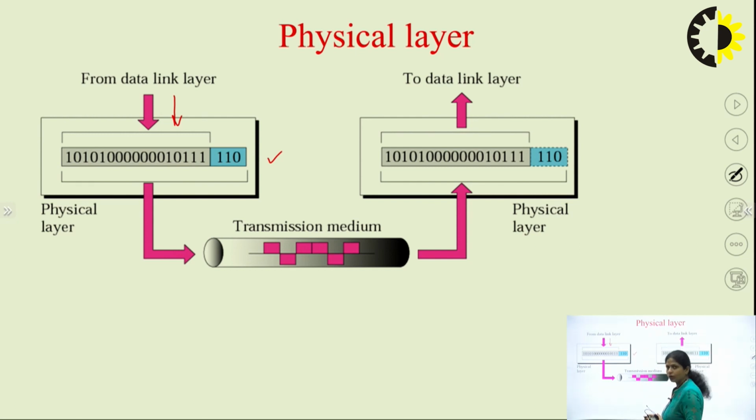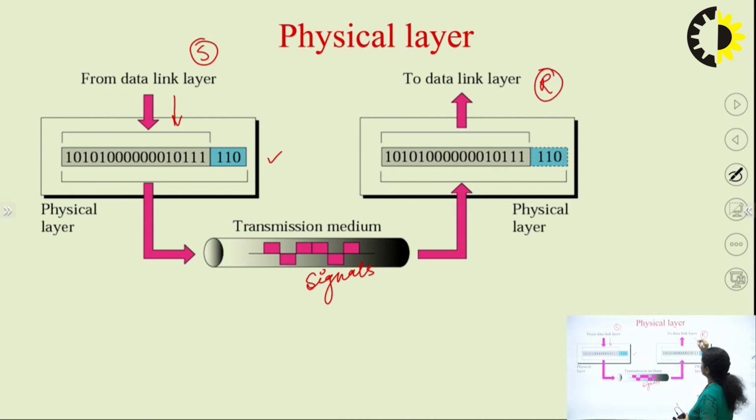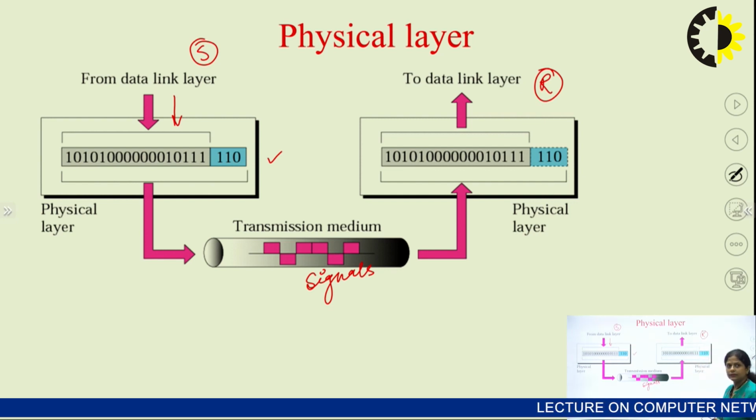Wherever, according to the data, we require either digital signals or analog signals, data will be traveling in the form of signals. Fine. This one is the sender side, this one is the receiver side, right. So it will be received at the physical layer at the receiver side.